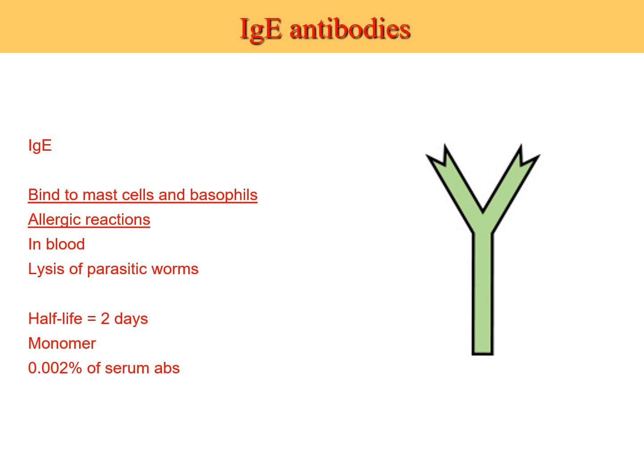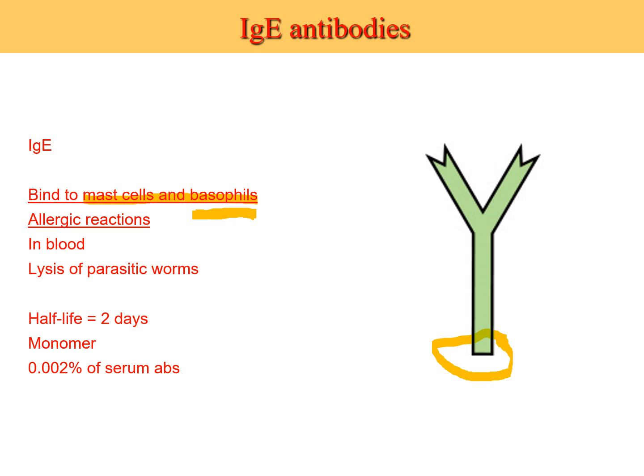IgE antibodies are monomers. They are able to bind via this end of the antibody molecule. When they get secreted, they can bind onto the surface of mast cells and basophils. Remember that basophils are found in the bloodstream, and if they leave the bloodstream and go to the tissue, these are a type of granulocyte.